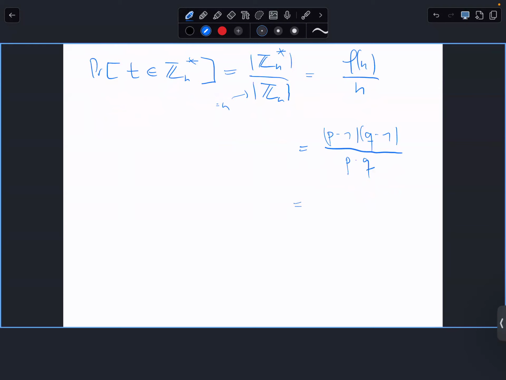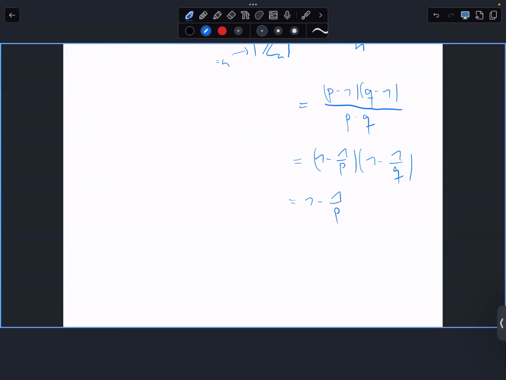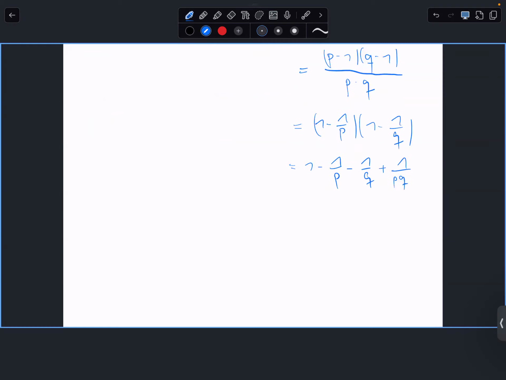Well, this is just 1 minus 1 over p times 1 minus 1 over q, which is 1 minus 1 over p minus 1 over q plus 1 over pq. Well, p and q are both large primes, right? Therefore, this is 1 minus negligible. And we're good, right?